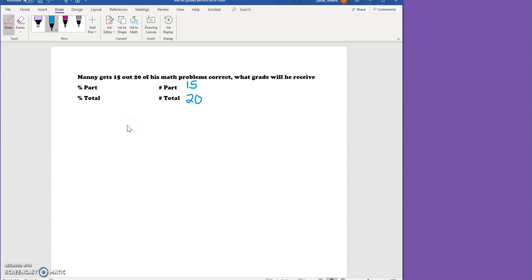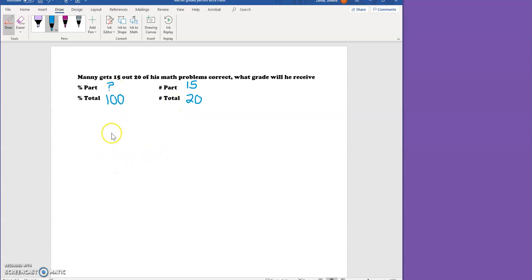We want to know what grade he's going to receive, representing that by the part. And no matter what the percent question is, the percent total, because percent is always out of 100, will be 100. When I know the part and the total, that means I'm looking for a percent amount.